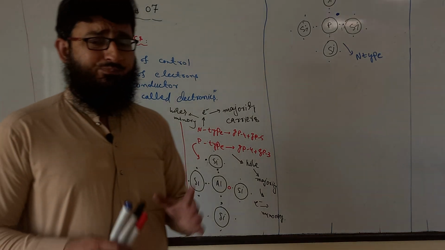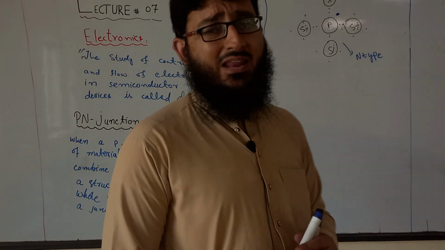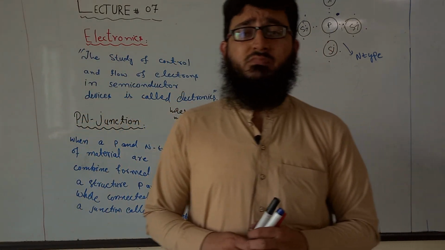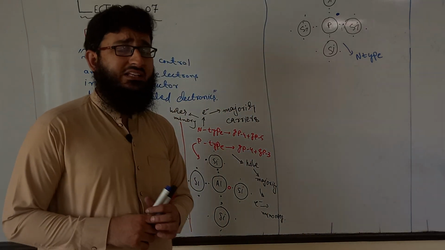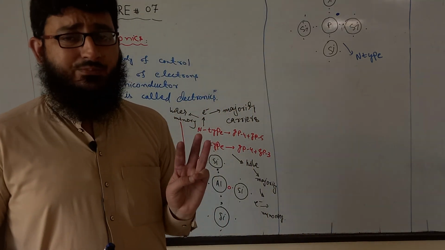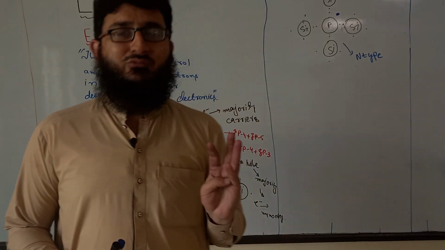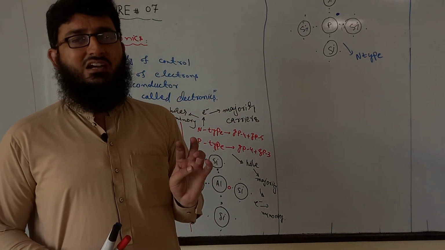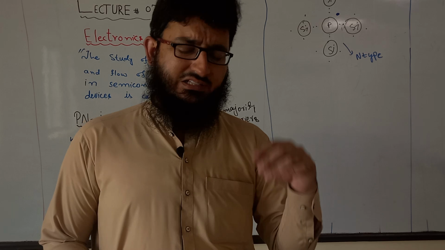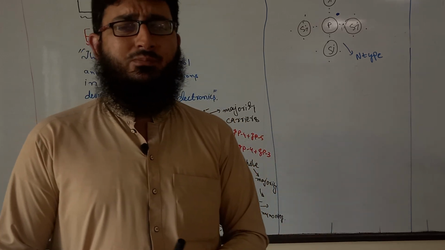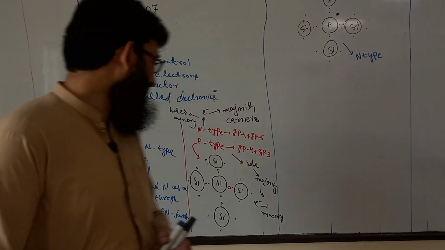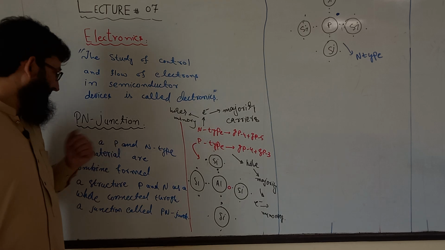Dear students, according to PMC syllabus, we have to cover a few topics, that is p-n junction, half wave rectifier, full wave rectifier, and transformer. Transformer is done in lecture number 7, and now we are going to start from p-n junction.